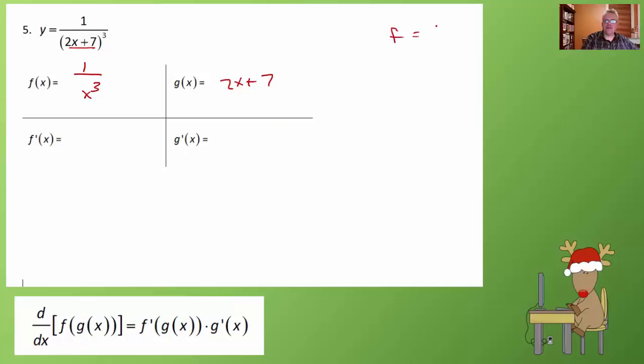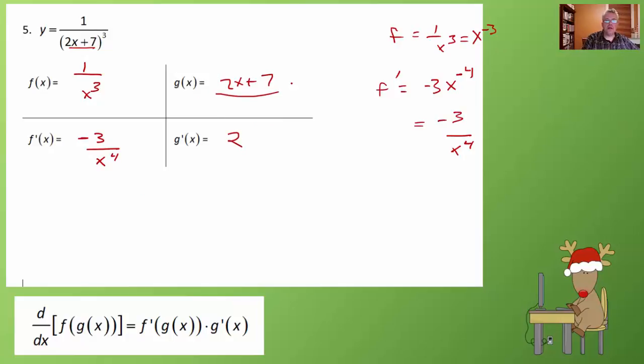Now f prime. Time to go on the side again. If f equals 1 over x cubed, that is the same as x to the minus 3, then f prime equals minus 3x to the minus 4, which is minus 3 over x to the fourth. So sometimes we have to work out part of the problem on the side. All right, g prime, the derivative of that is 2.